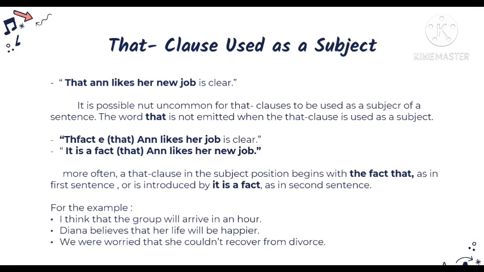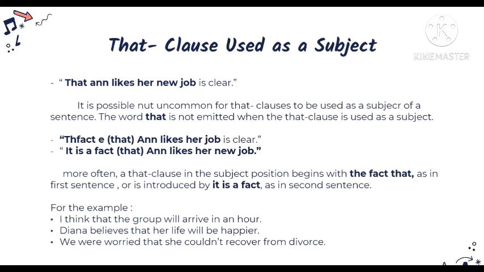For example, the fact that Anne likes her job is clear. And the second, it is a fact that Anne likes her new job. More often, a that clause in the subject position begins with the fact that, as in the first sentence, or is introduced by it is a fact, as in the second sentence.